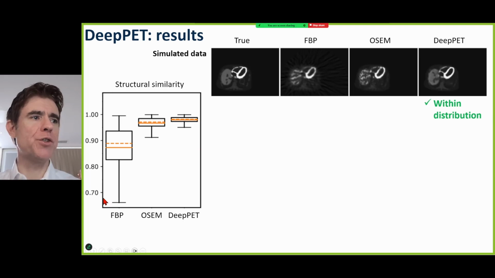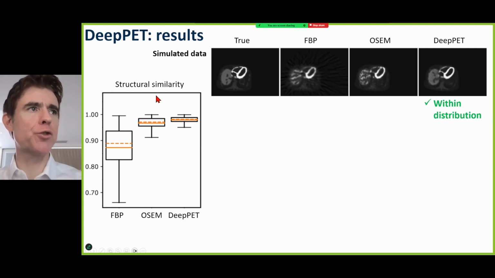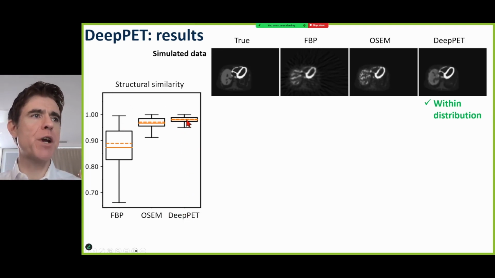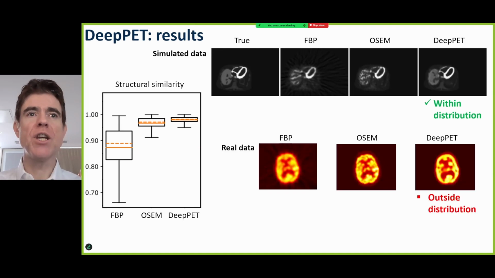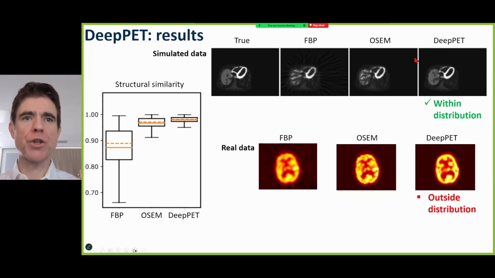So no surprises if you compare SSIM, structural similarity, between their DeepPET reconstruction, they are indeed outperforming the conventional methods. But that's because they're within distribution, within the training set that was used. If you start to go to real data out of distribution, then the results they report are perhaps a little bit disappointing.